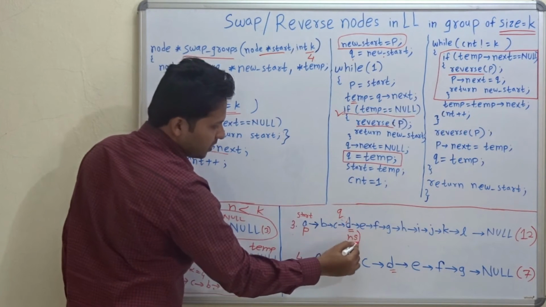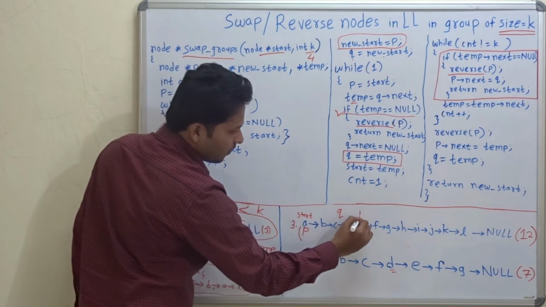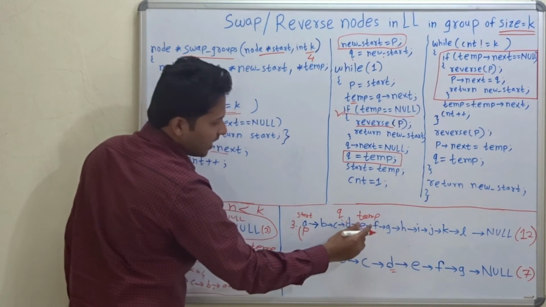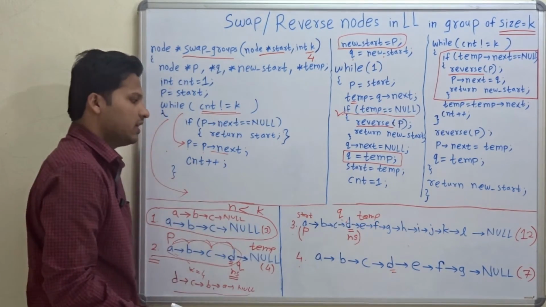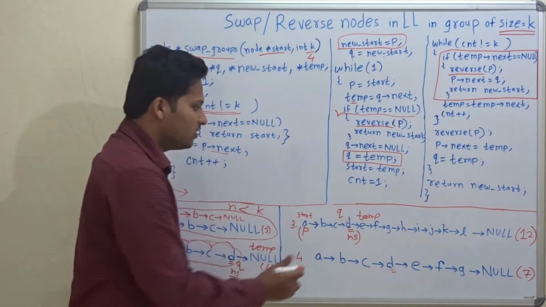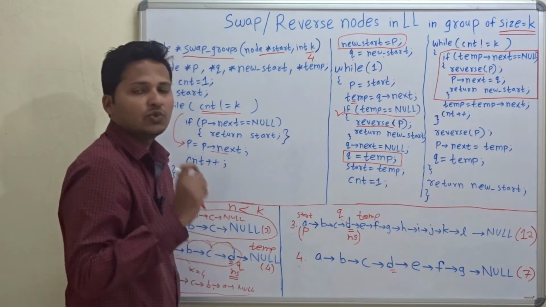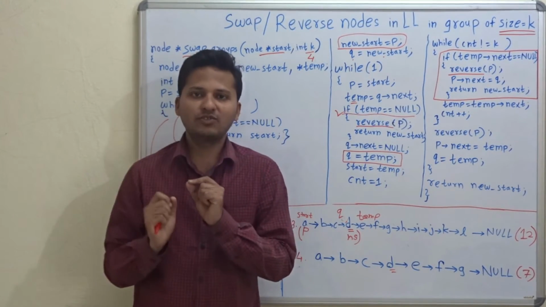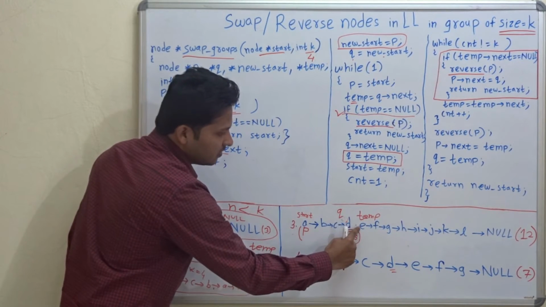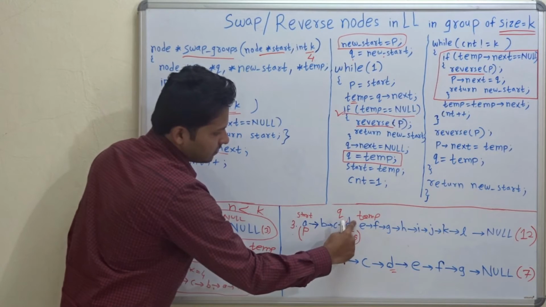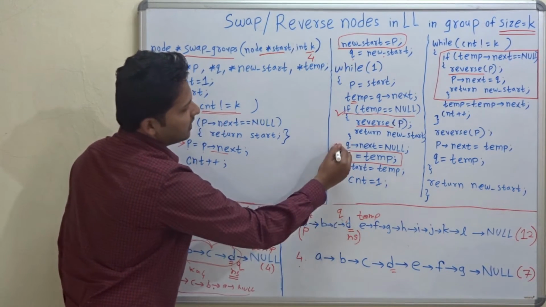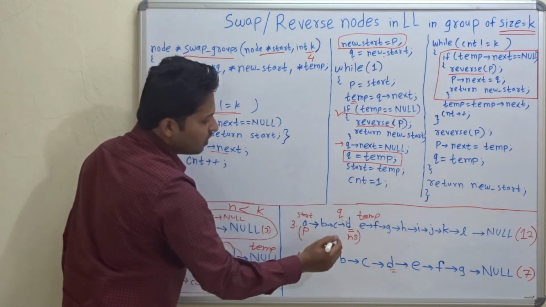If you have seen my previous video, you can understand while we can store the address of the next node, that is the first node in the next group, in temporary variable, so that we do not lose the address of that variable, because now we are going to delete this pointer, and what we are going to assign to this pointer is here, that is Q points next equal to null.